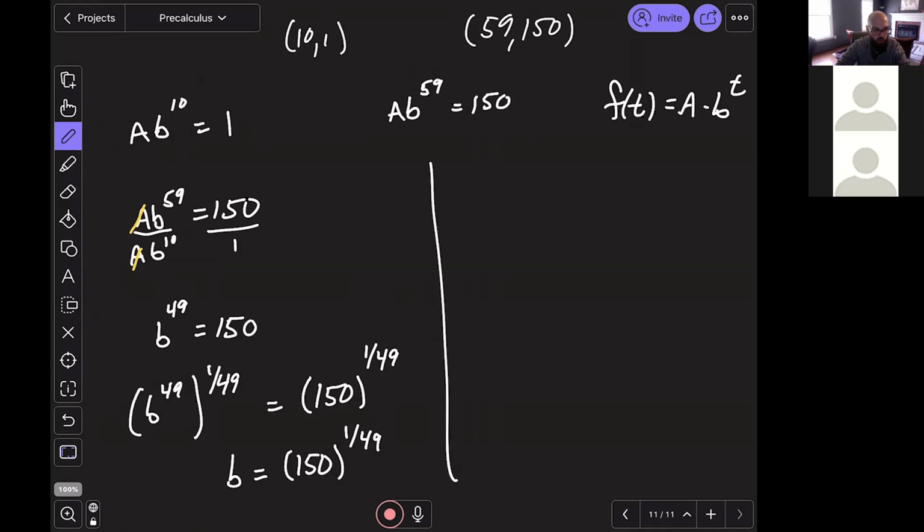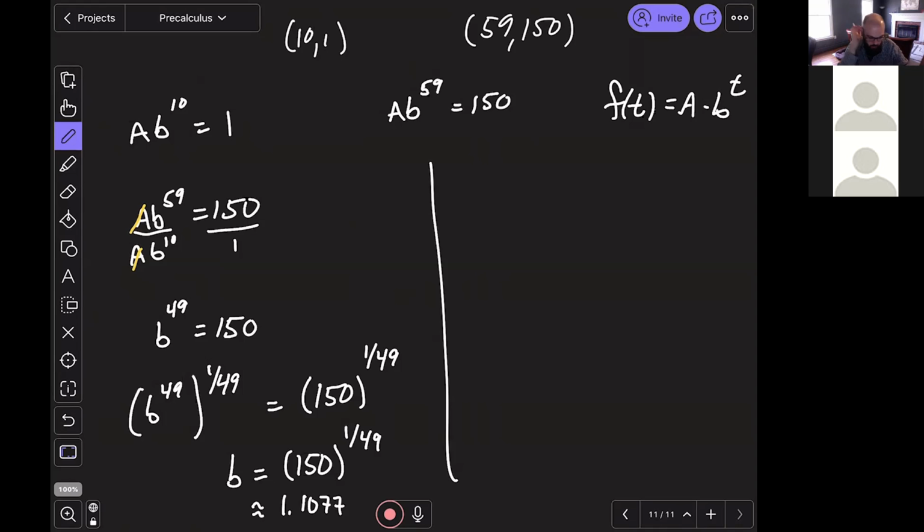So if you want to see this as a number that is more familiar to you, if you plug it into Desmos, this is approximately 1.1077. Okay. So these types of models, exponential models, are very, very sensitive to rounding.